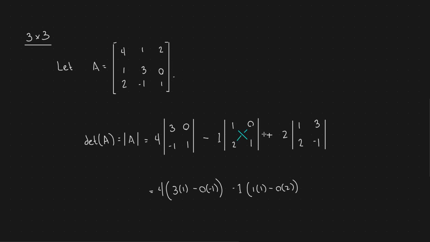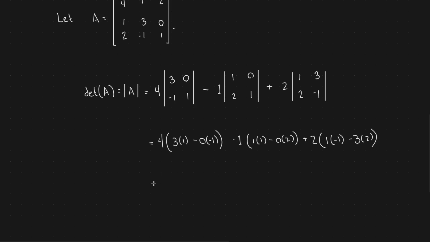If you do it the other direction, it won't be the same. You'll be off by a sign. So make sure you do the main diagonal first and subtract the other diagonal. And then plus 2, 1 times -1 minus 3 times 2. And before long, you'll be able to do this very quickly.